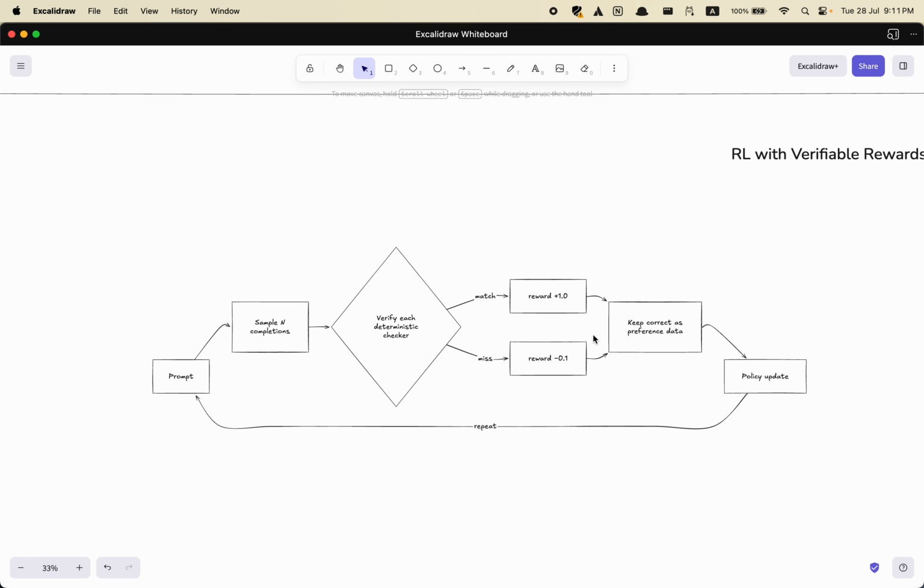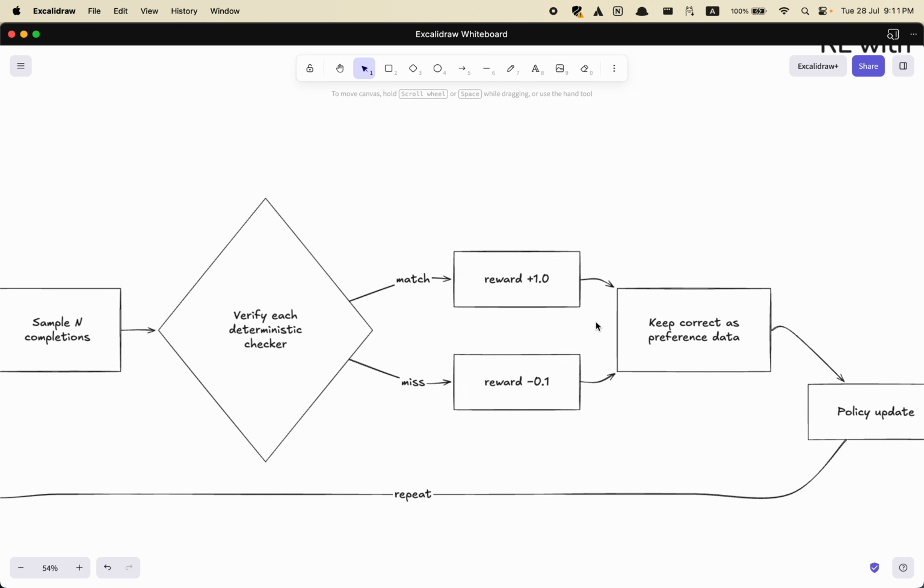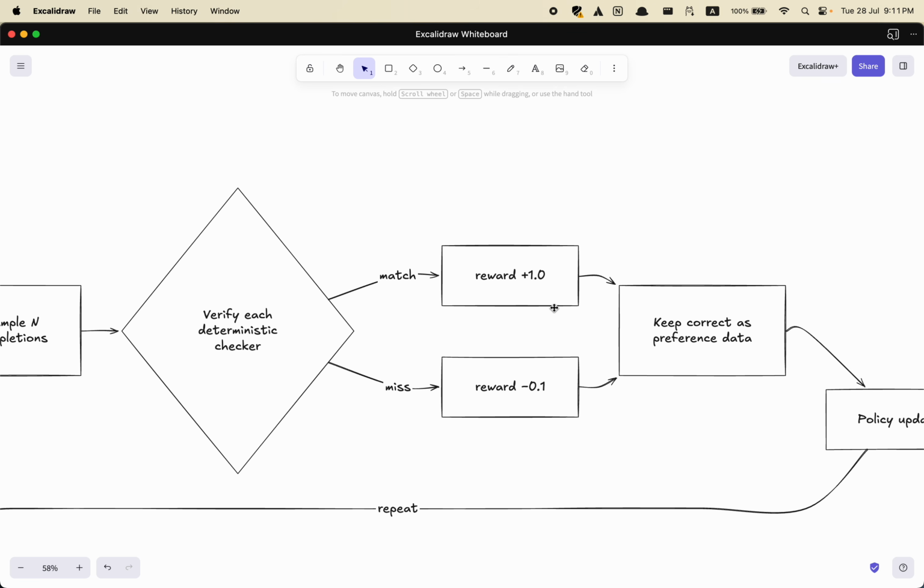Another thing to call out in the reward process is the reward asymmetry. You can see for a match, there's +1 for correct, but only -0.1 for wrong. So a much smaller penalty for failure.